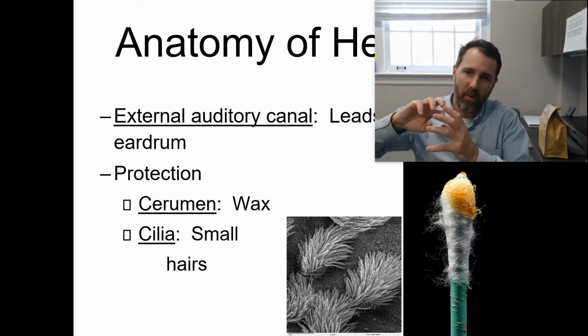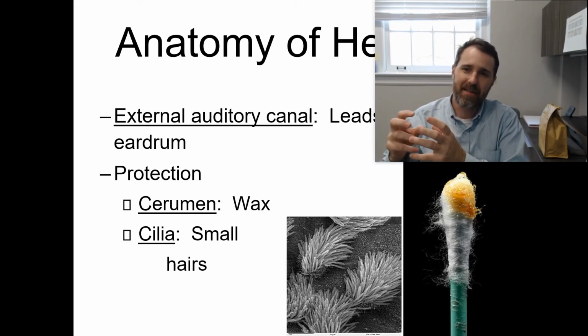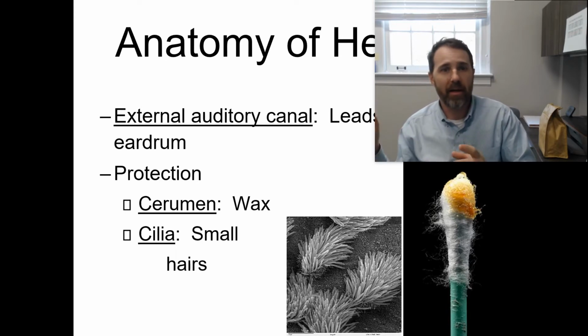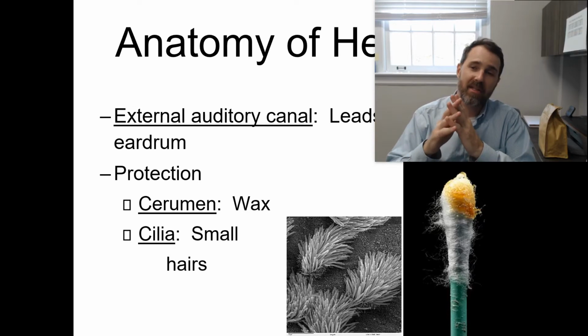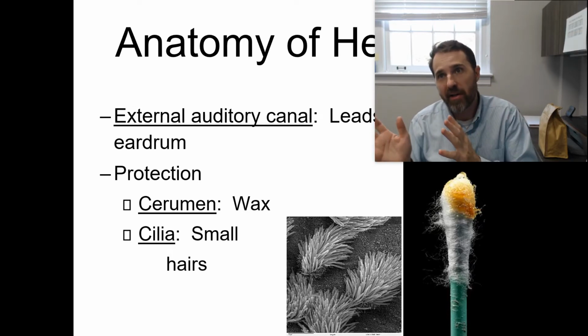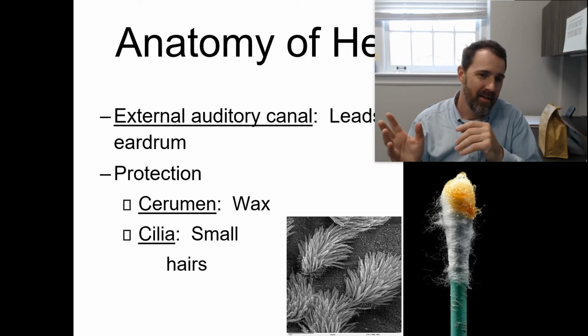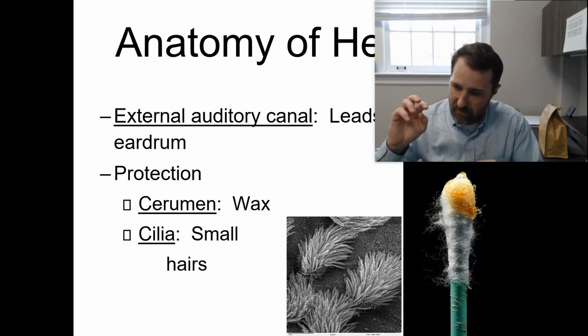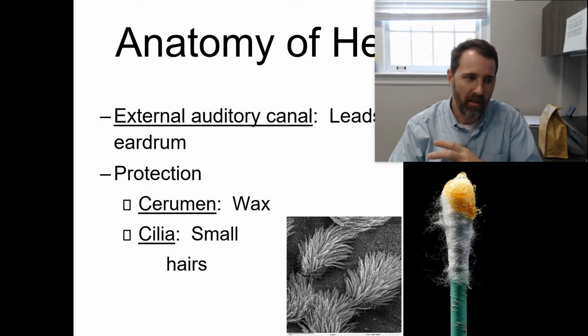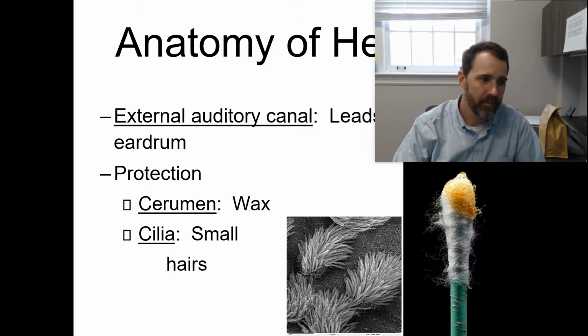And there comes a point where it becomes such a mass that it's either going to fall out, or maybe the ciliated tissue of your ear canal is going to help pass that cerumen with the particulate matter out of your ear.